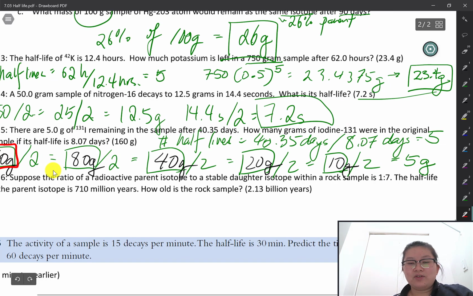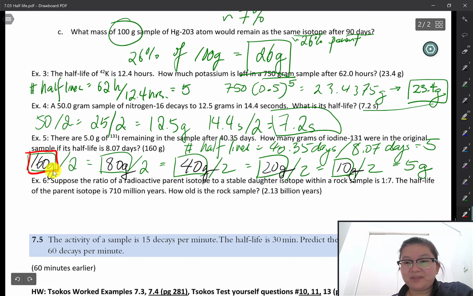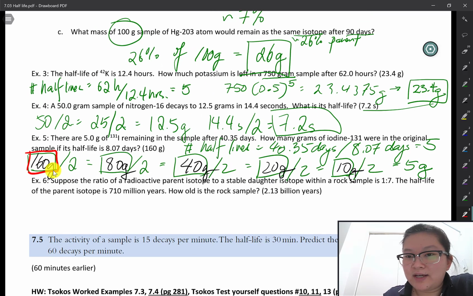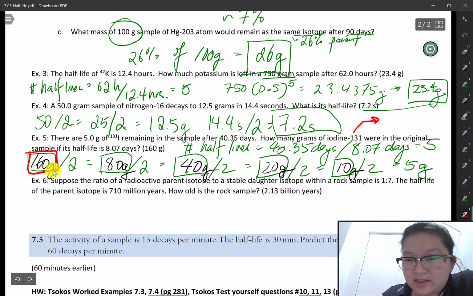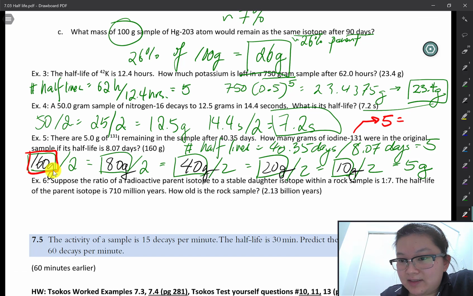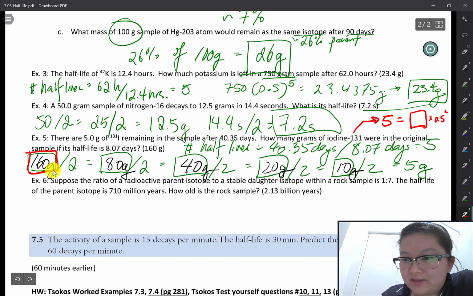So another way you can do it is... I'm out of space, so maybe I'll write it here. Oof, I need more space in the next question too. So let's write it here. Essentially you know that 5 grams is the remaining, it remains after some number times 0.5, 5 times.